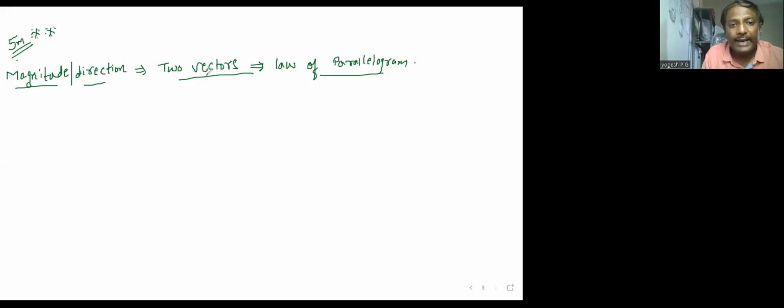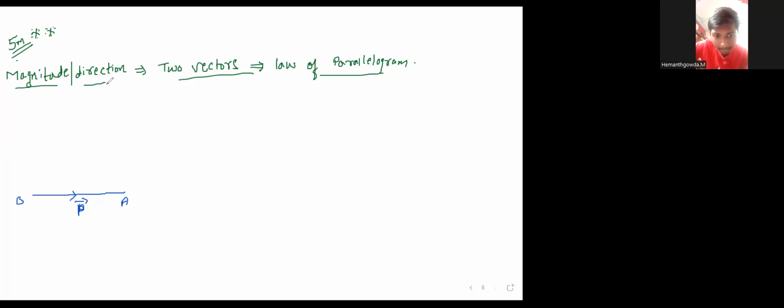Now, let me consider the two vectors. This is OA, vector P. Shall I write one more vector from A or from O? From O, because I have to use the parallelogram.